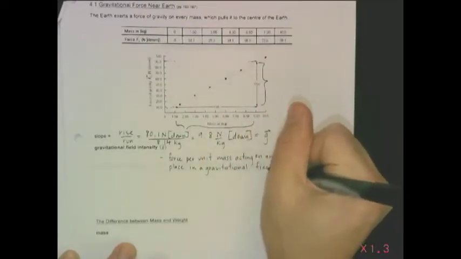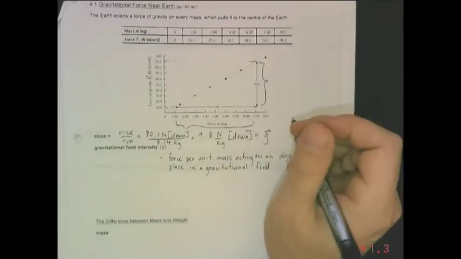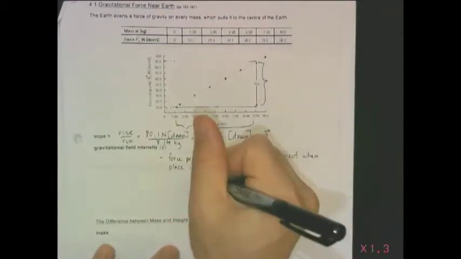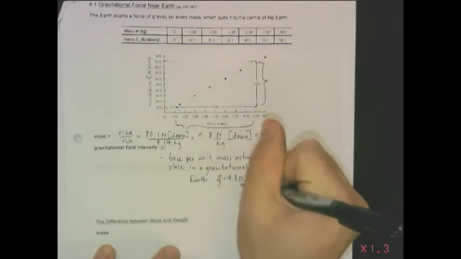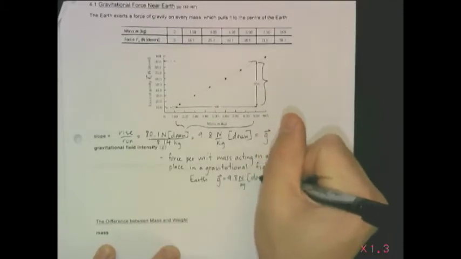So when you do this experiment on Earth, g is 9.8 newtons per kilogram down.